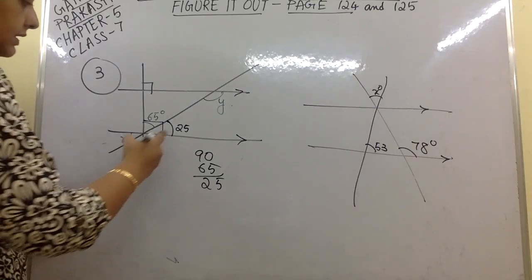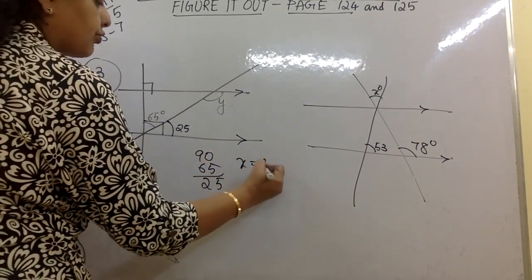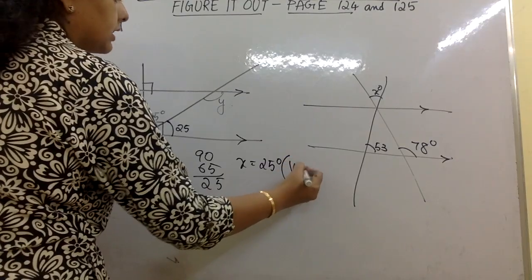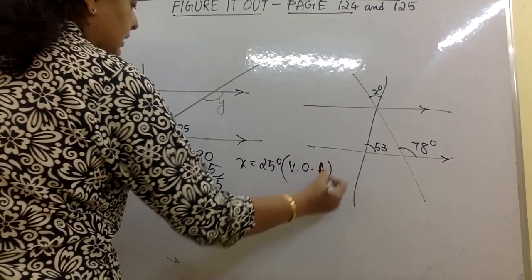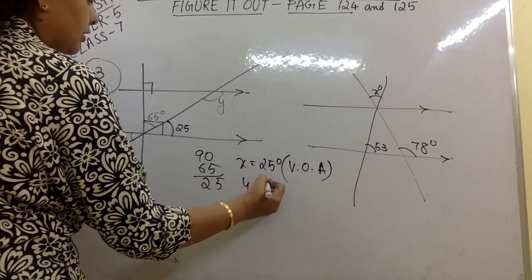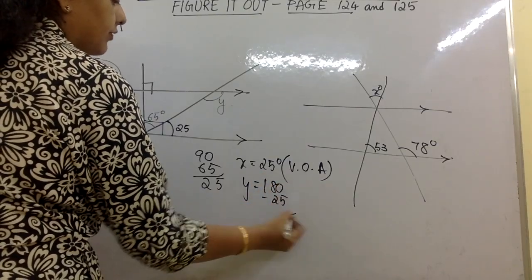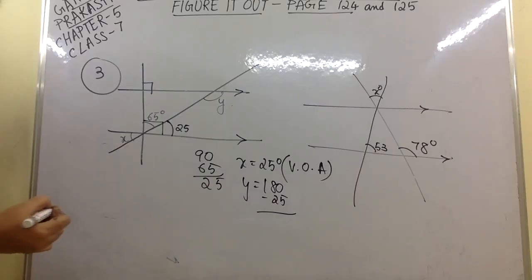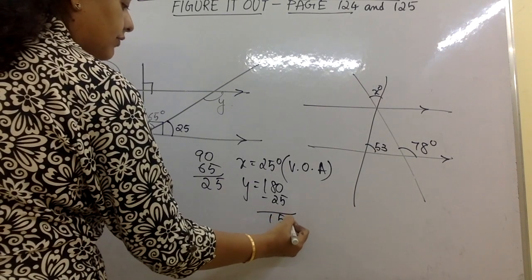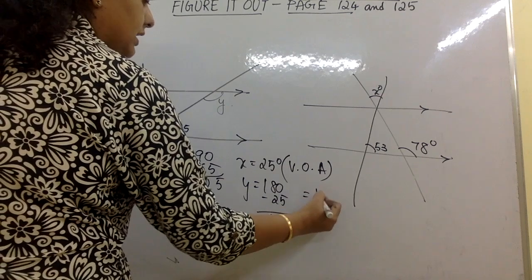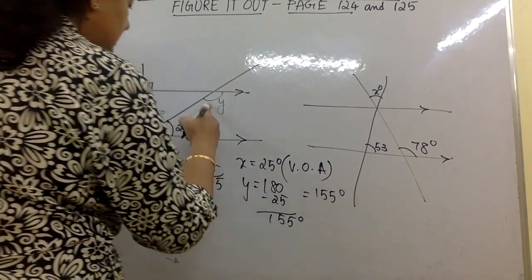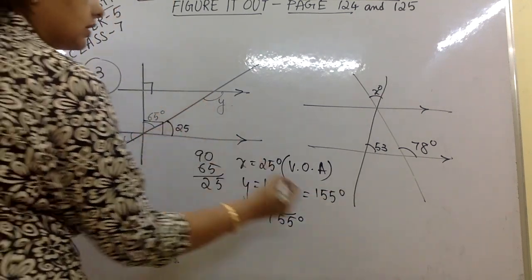So X is equal to 25 degrees, vertically opposite angle, and Y is equal to 180 minus 25, which is 155. So Y is 155 degrees. Why is it so?